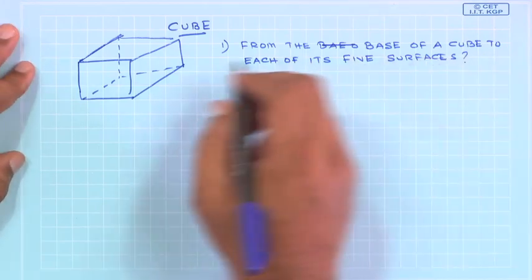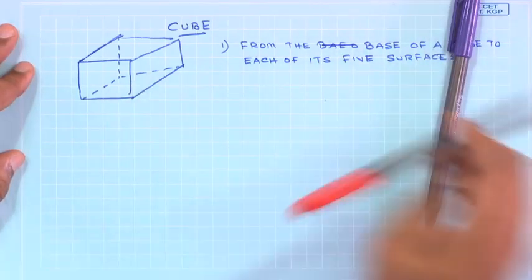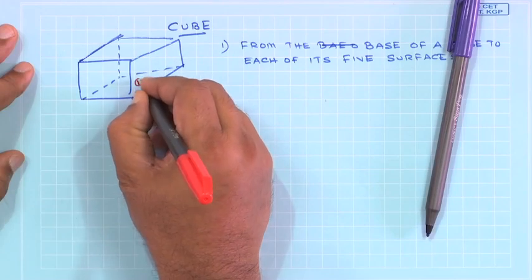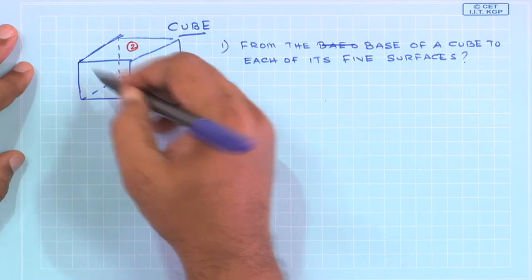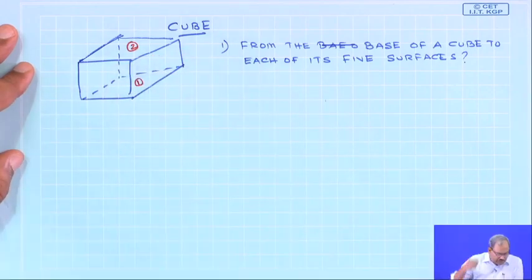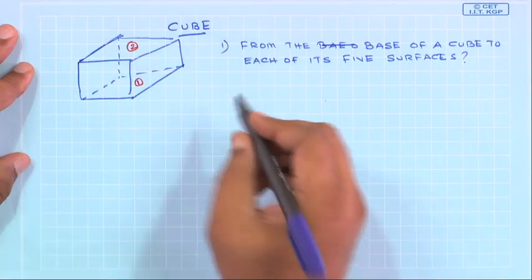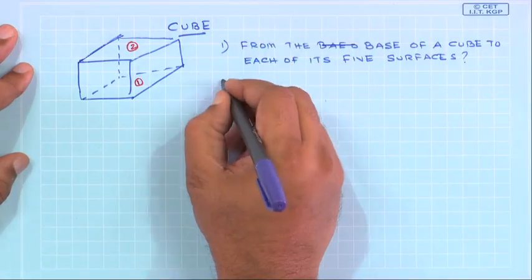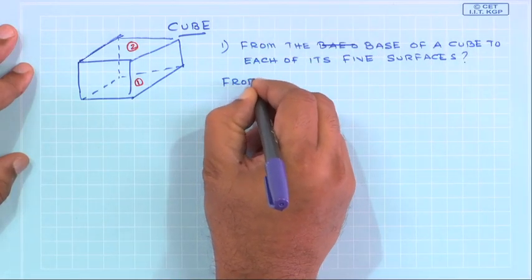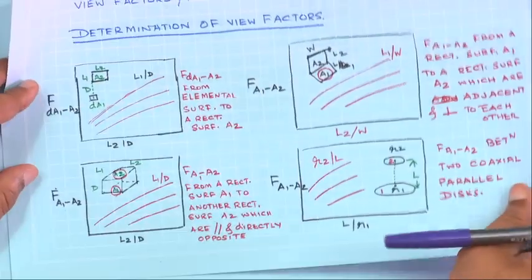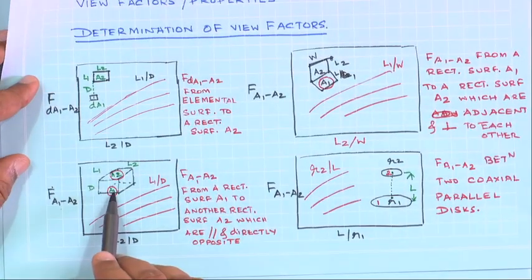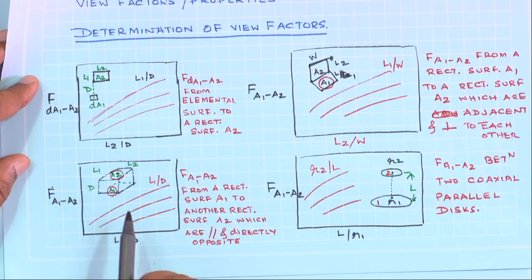We'll denote the base surface as 1, the top surface as 2 and the others as 3, 4, 5 and 6. From this figure, you are going to find out the view factor.